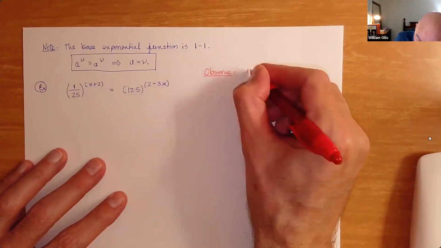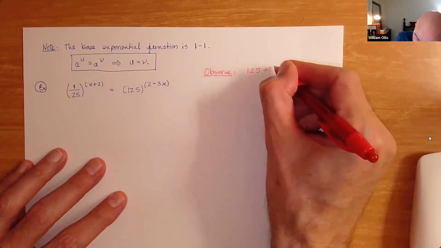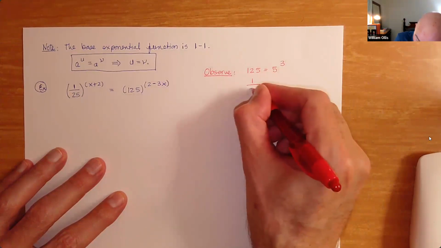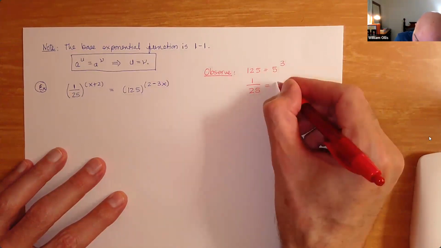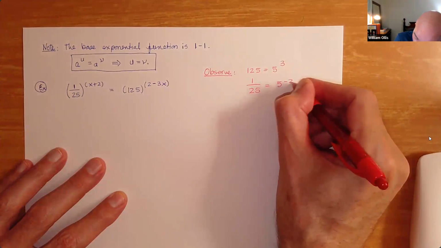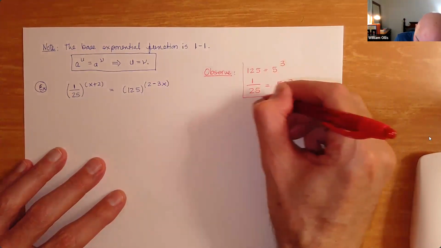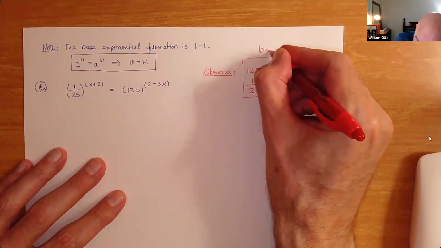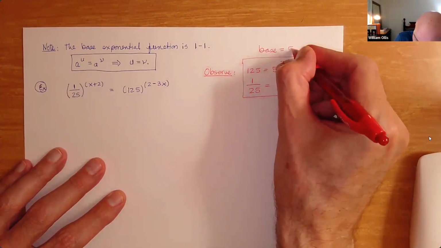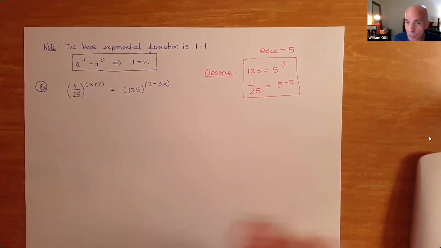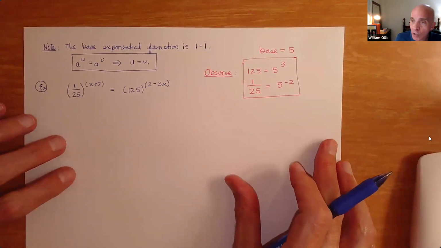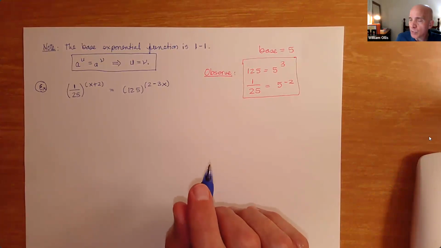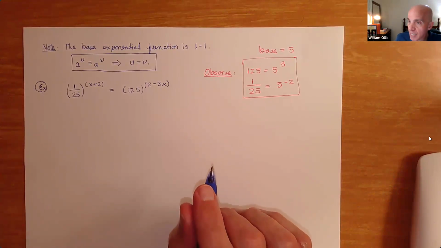That is, 125 is simply 5 raised to the 3rd power, and 1/25 is 5 raised to the -2 power. So this gives us powers of 5. So we'll say base equals 5. Now, when we can do this, we can use 1-to-1. You might be thinking, if that is not the case, what will we do? Well, we will have to use the inverse function.